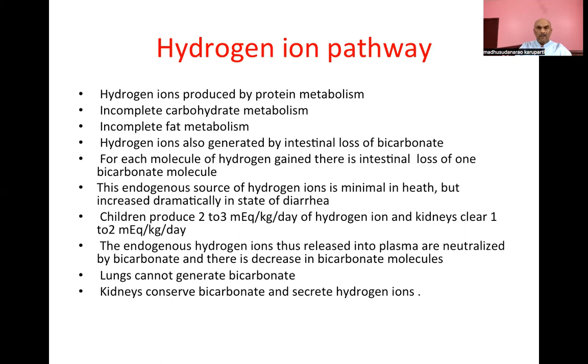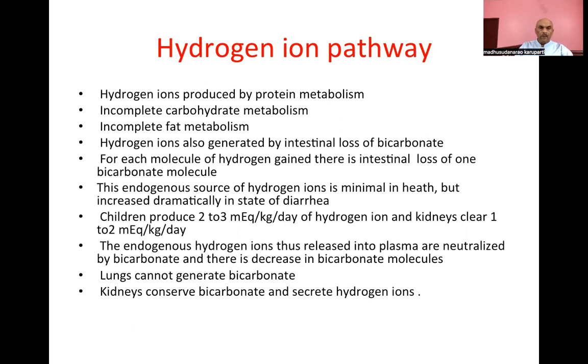So it is well balanced. Whereas in diarrhea, there is excessive loss of bicarbonate ions in the intestines. That is not balanced by the degree of secretion of hydrogen ions, and that results in the retention of hydrogen ions, ending up in metabolic acidosis.